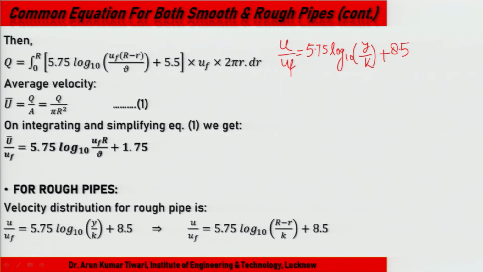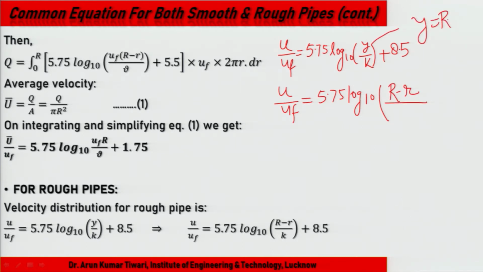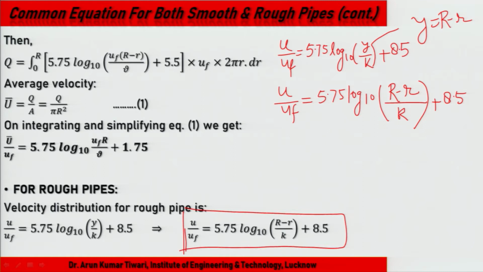We can simplify this, writing y equal to R minus r, so u upon u f equals 5.75 log base 10 of (R minus r) upon k plus 8.5. This is the equation for rough pipes.